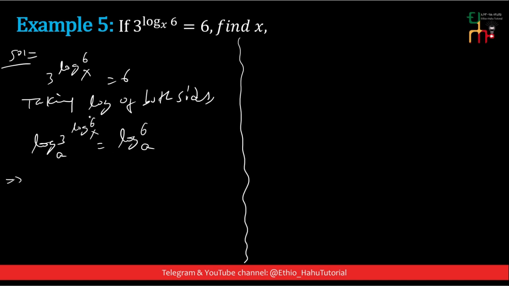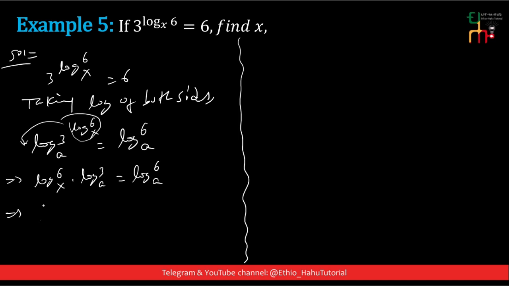This implies this is the exponent of 3. This has to come to this part, and logarithm of 6 to the base x times logarithm of 3 to the base a is equal to logarithm of 6 to the base a.